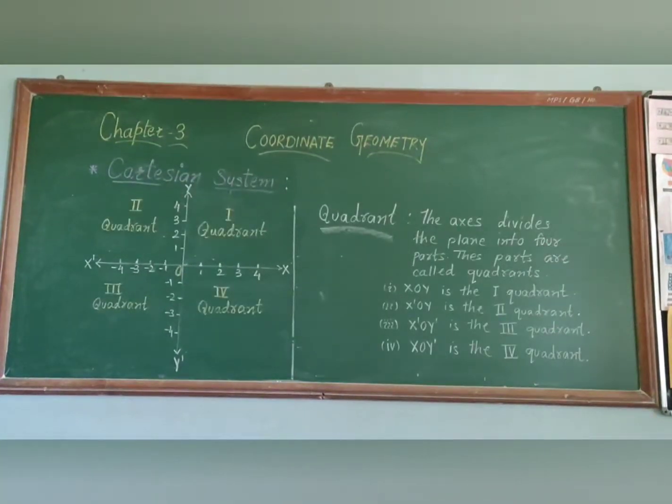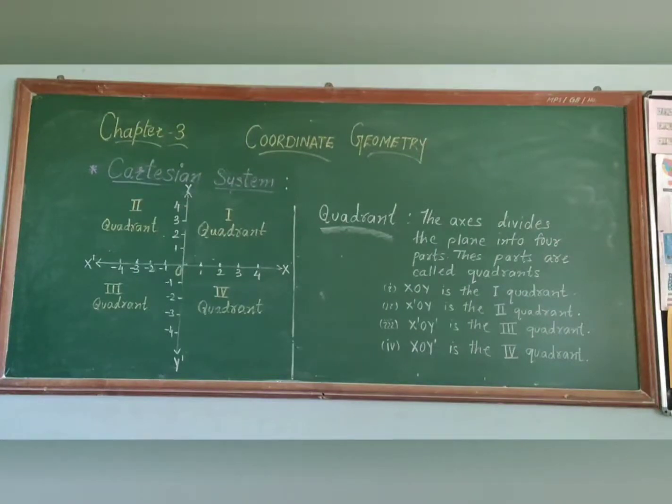Further, in this Cartesian system, there are four quadrants. Now, what are quadrants? When the x-axis and y-axis intersect at O, we get four different parts in the plane. Each part is called a quadrant.